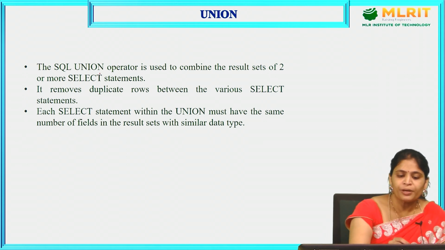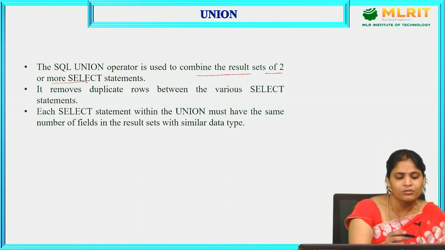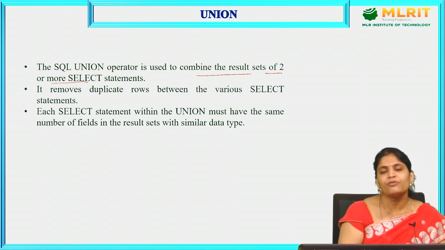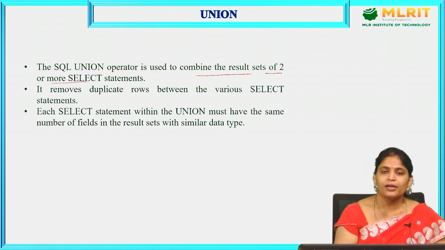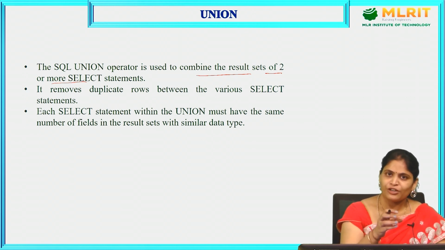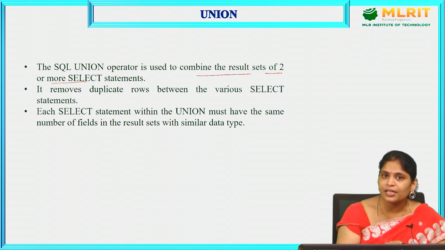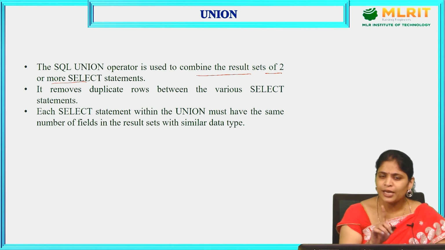The union operator is used to combine the results of two or more select statements. If we want to combine the information between two tables, we use the union operator. If the combined data contains the same names or numbers, those must be represented only once.